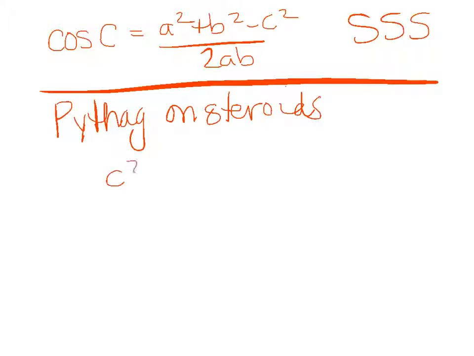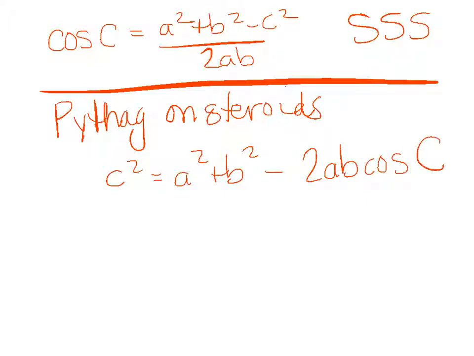So c squared, you're going to remember, a squared plus b squared, start like you always do, and then subtract this little piece here. And I want to do one little demonstration. I say this works for any triangle, doesn't have to be a right triangle, but what if it were a right triangle? So what if C, indeed, was a 90-degree angle?